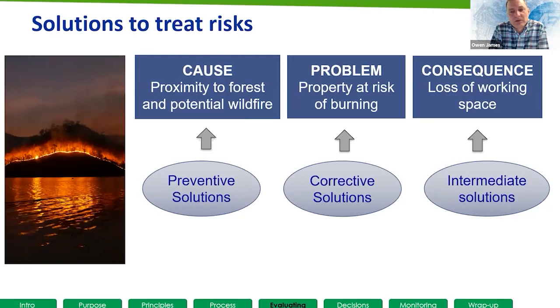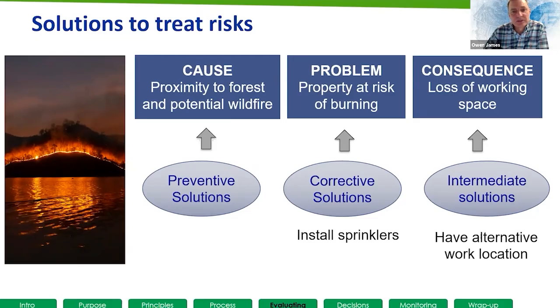If you think about a potential fire risk for a facility, what could you do to mitigate the consequence? You may need to take some sort of corrective actions. What are you going to do to mitigate the problem?